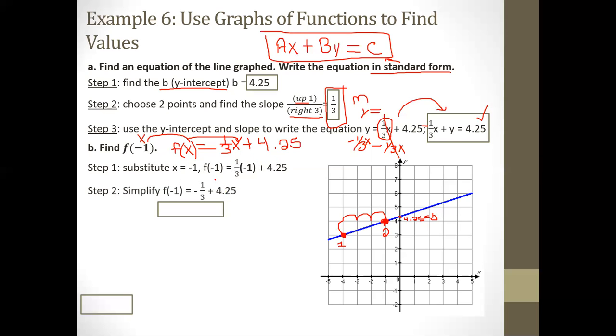And we simplify. We had the positive 1/3 times negative 1, so that became negative 1/3 plus the 4.25.